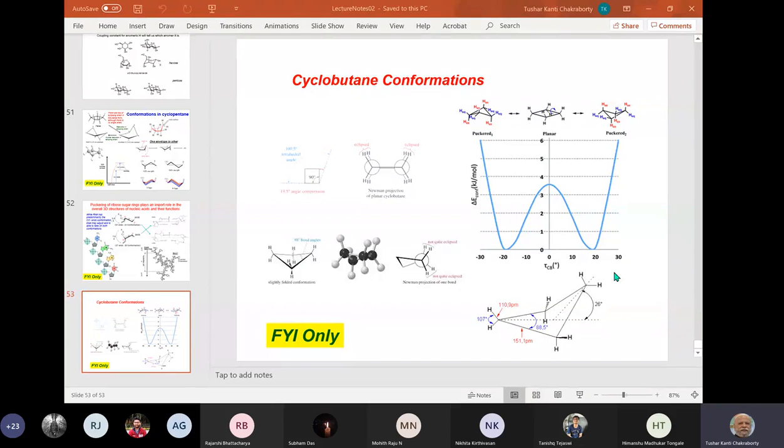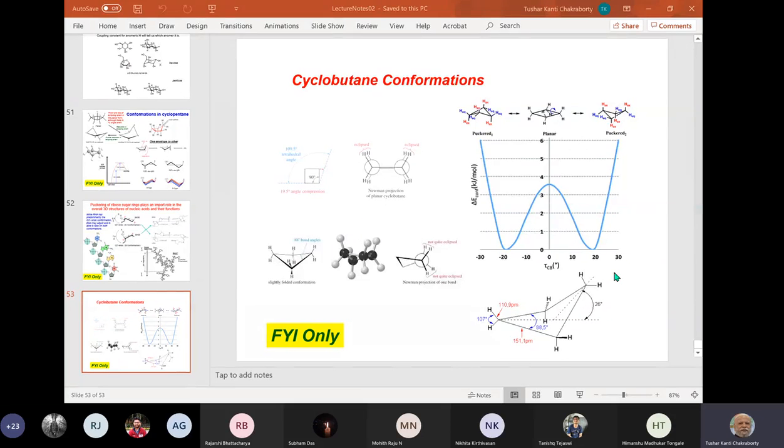And then we talked about some of the cyclic molecules like cyclohexane, and how substituted cyclohexane takes what orientation, equatorial position as compared to the axial one. The axial one has 1,3 diaxial interaction.